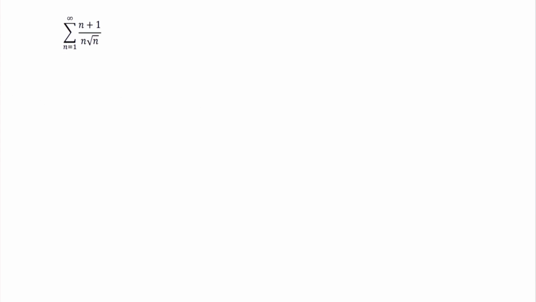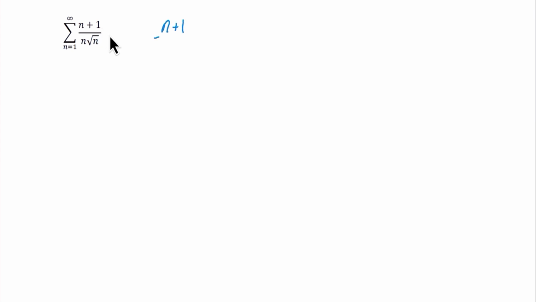In this example, we again want to first determine, do we need the direct comparison test or a limit comparison? As n is getting big, this 1 becomes negligible, so we can see what's happening as that 1 just goes away. So let's see if we can use direct comparison.